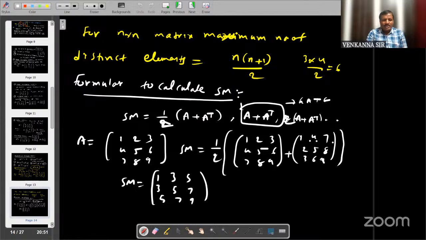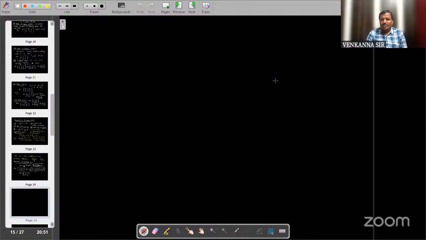Right. Next, skew symmetric matrix. What is the definition of a skew symmetric matrix? Very important. I'm expecting answers from all of you. Everyone respond. Be interactive.